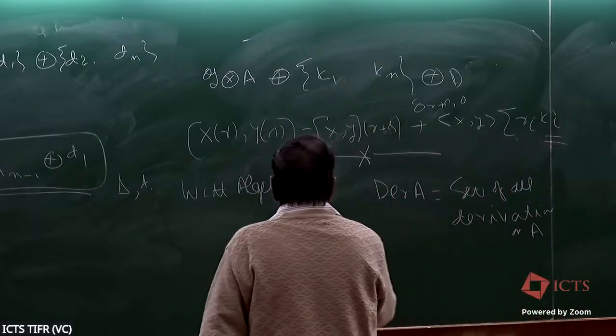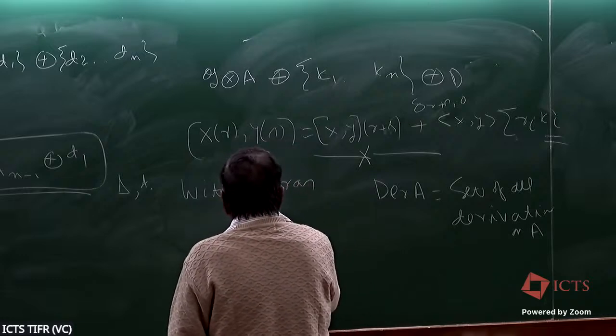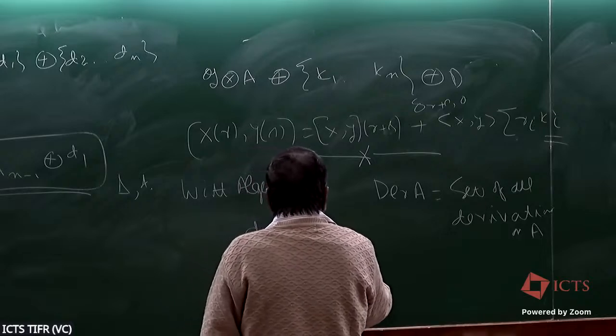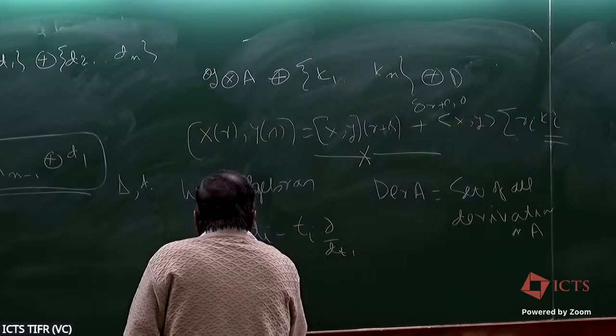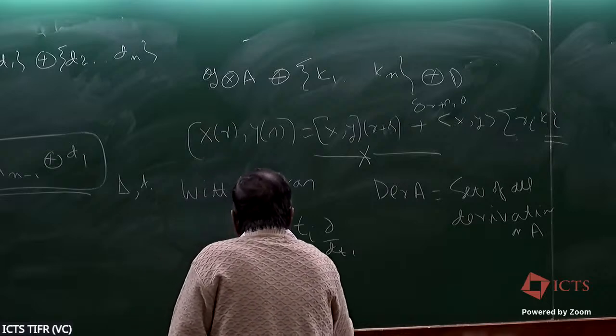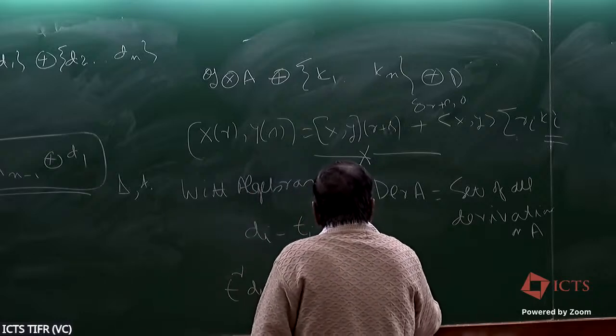Now, one of them is, I will denote d_i to be t_i ∂/∂t_i. Now, if you look at t^r, d_i acting on t^s is actually s_i t^{r+s}.